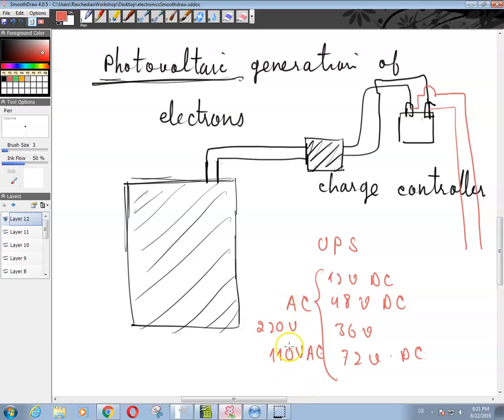And that 110 volts AC is the kind of voltage that you have at home, for example single phase power, on which you run your refrigerator, your washing machine, and all the other things that you plug into the wall plugs. So that's basically that.